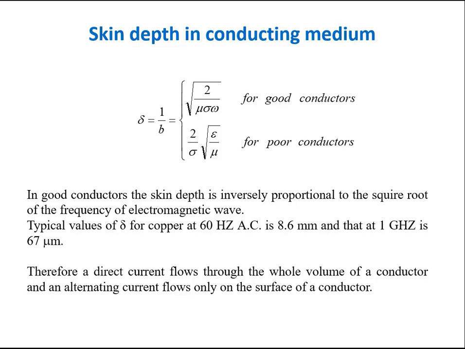And this says if we are using copper wire for very high frequency, we need to use copper as thin as 67 micrometer, otherwise we are going to increase the cost of our instrument unnecessarily. Therefore, as the conclusion, a direct current flows through the whole volume of a conductor and an alternating current flows only on the surface of the conductor.